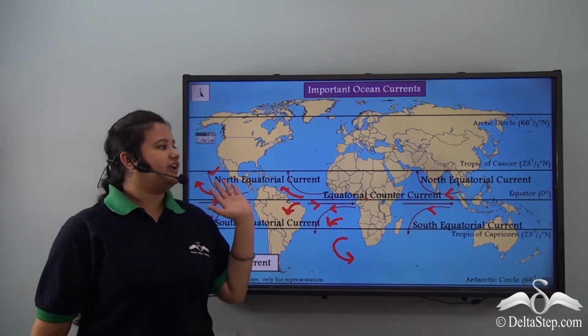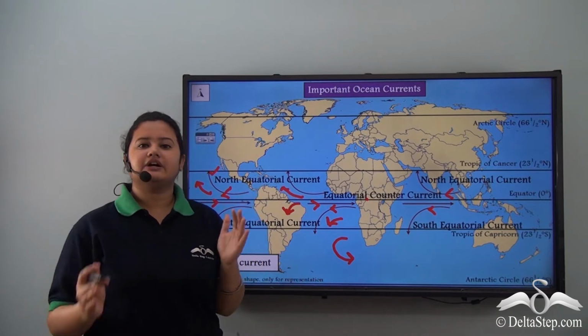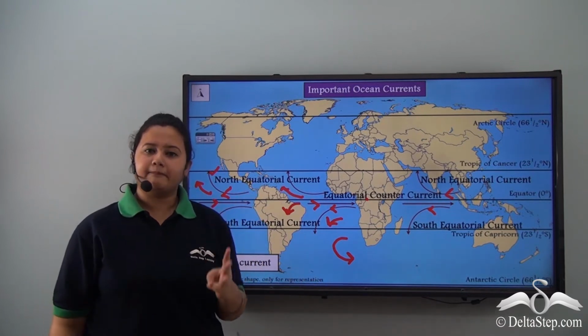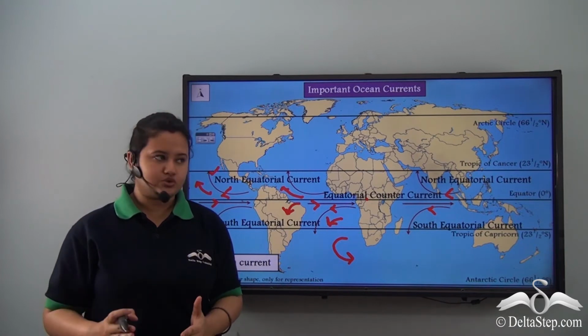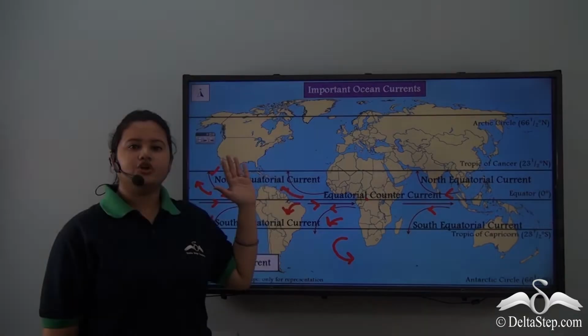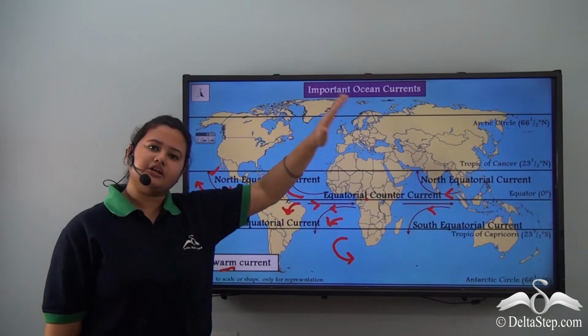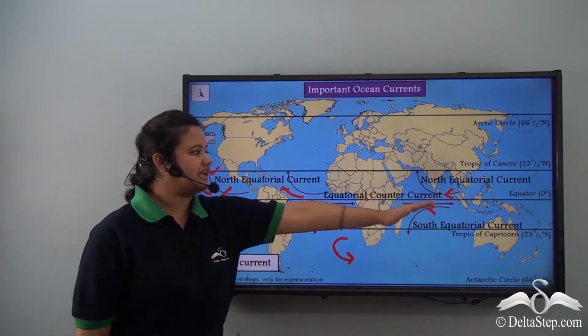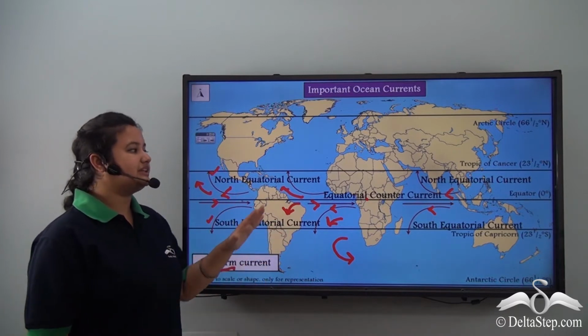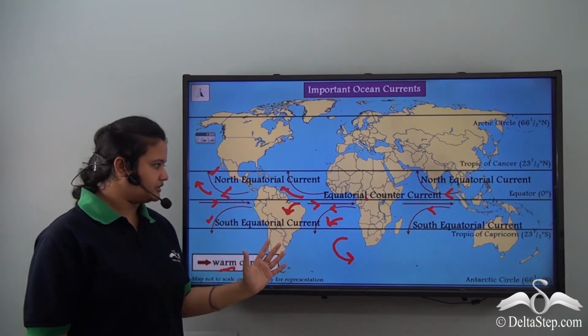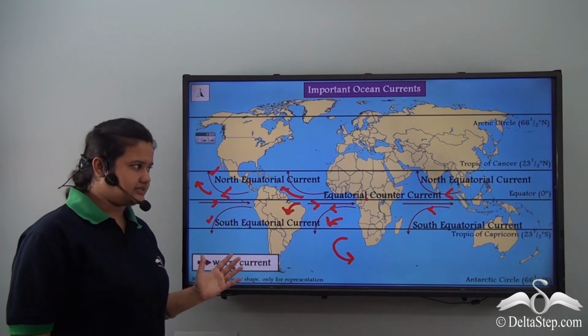So we have understood about the movement of three important ocean currents that are prevalent in the torrid zone. We have learned that the north equatorial current flows in the northern hemisphere from east to west, while the south equatorial current flows in the southern hemisphere from the equator from east to west.